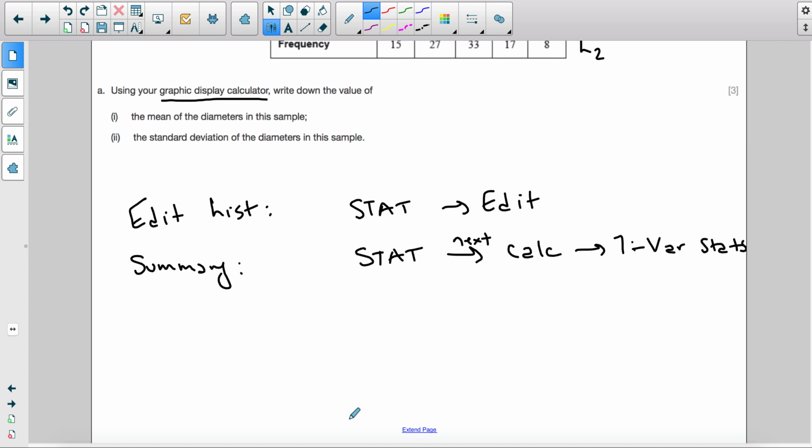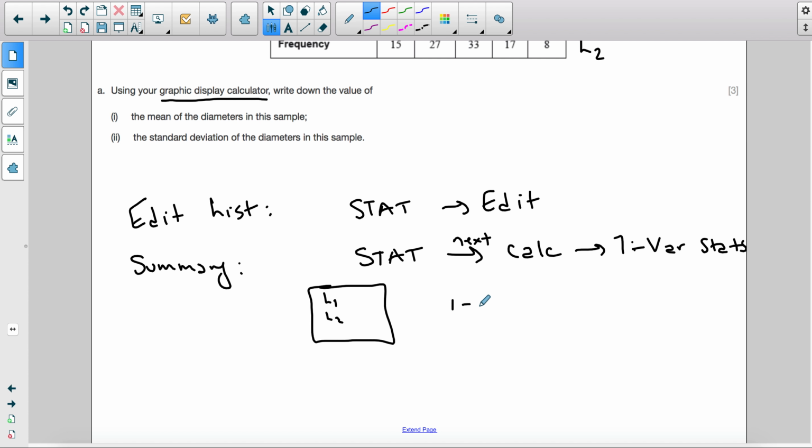Now, if you have a wizard sort of image in your GDC and it says list, so you put your L1 in list, and if it says frequency list, you put L2, and then you go to calculate. If it doesn't have this, then you'd have to go one variance, and then you'd have to pick your L1 and L2 in commas.